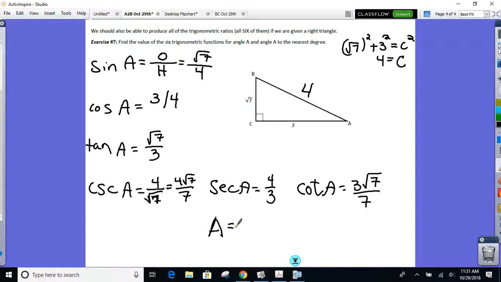Inverse. You got your choice here. What do you want? Let's be smart about our decision here. What do I want to find the inverse of? Cosine, that's fine. Could you use any of the 6? Yeah, but I probably wouldn't recommend it. Stay away from the new 3 and anything that had radicals in it. So yeah, let's do inverse cosine 3/4.